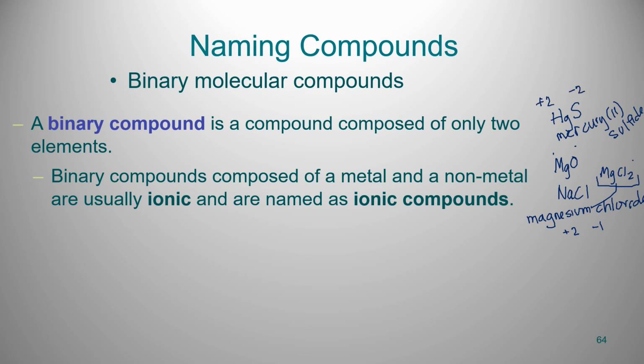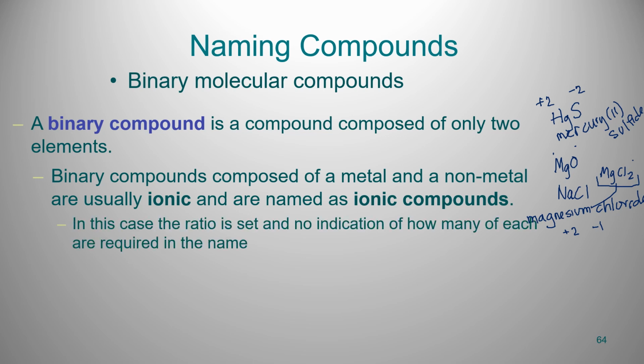Since sulfur is -2, that's why it's 1 to 1. So just keep that in mind. All of this naming system that we just learned, we don't actually ever tell how many of each element there is. We just only need a Roman numeral to indicate charge, or no Roman numeral if it's in the first or second column.